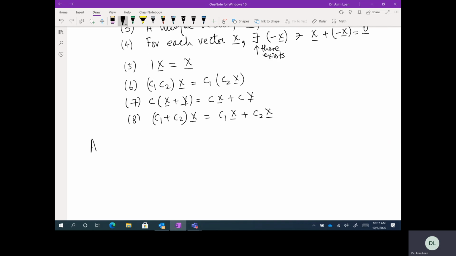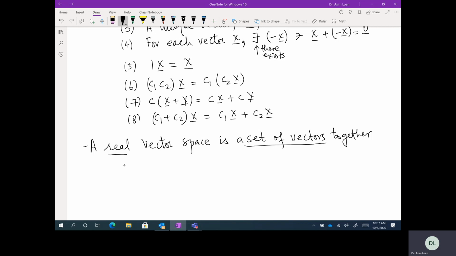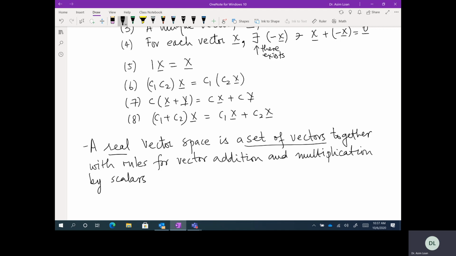So a real vector space is a set of vectors together with rules for vector addition and multiplication by scalars, which are real numbers.